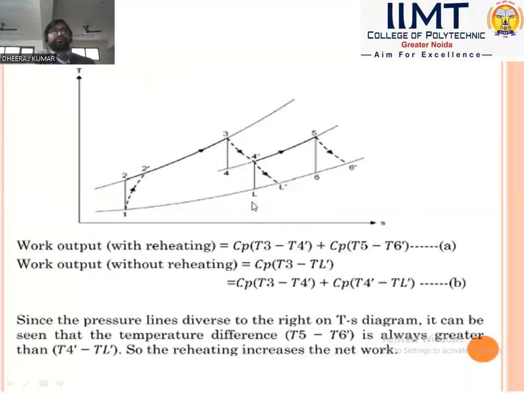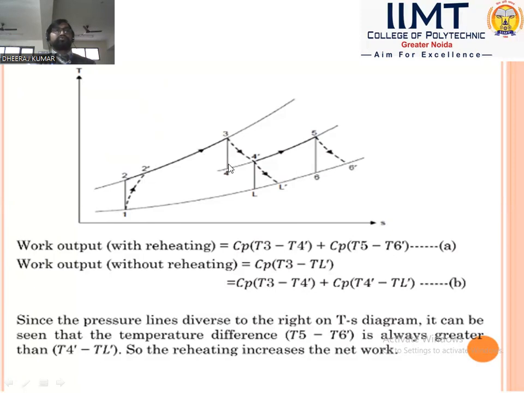This is the diagram of the reheating cycle. In this cycle, the dotted process is called the actual process, and the solid line is the ideal process. 1 to 2 is the compression process, and 2 to 3 is the combustion chamber process, the first combustion chamber at constant pressure. Then expansion takes place in the high pressure turbine.